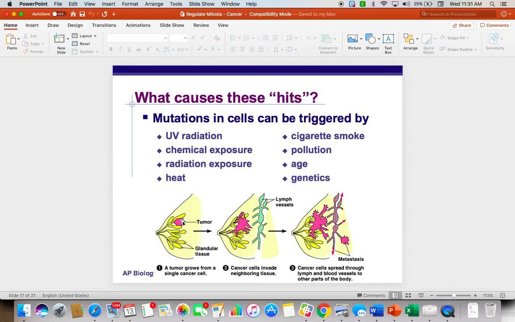If you get a tumor, and if it's in an area in your upper body, it's probably going to be close to this lymph system. The lymphatic system goes all over your body. If someone's cancerous cells get into their lymph system, then it can metastasize somewhere else.